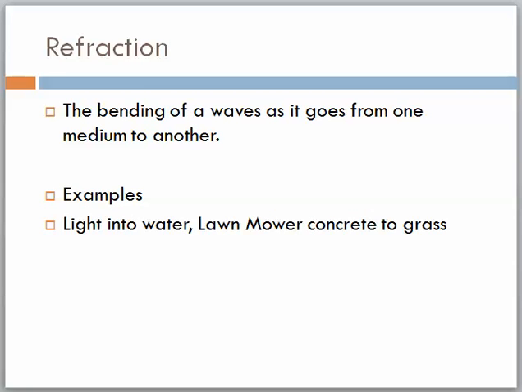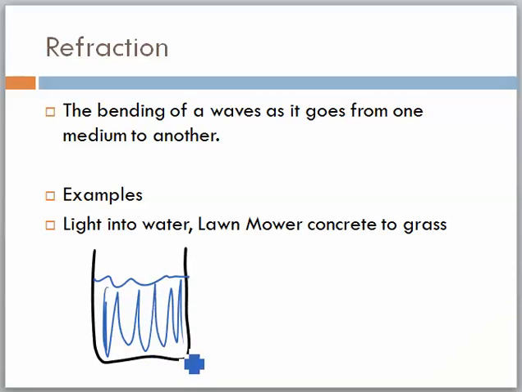Refraction. Refraction is the bending of a wave as it goes from one medium to another. Examples of that would be, let's say we have a glass. We've got this glass, and in this glass we've got water. It's full of water.